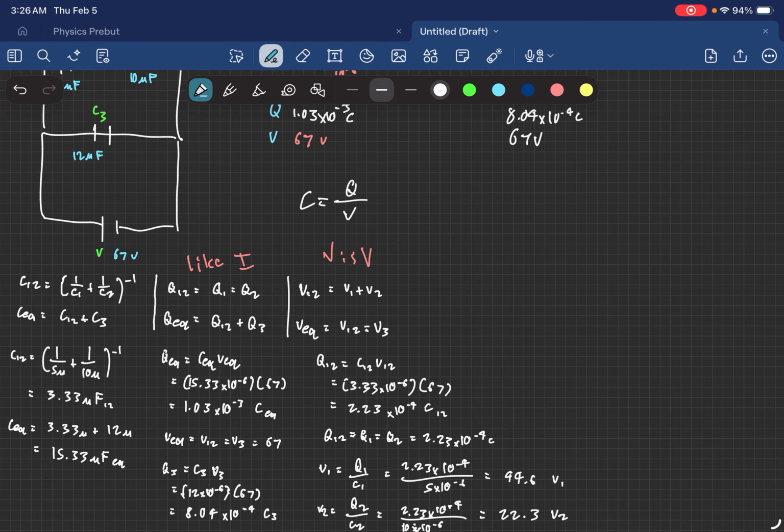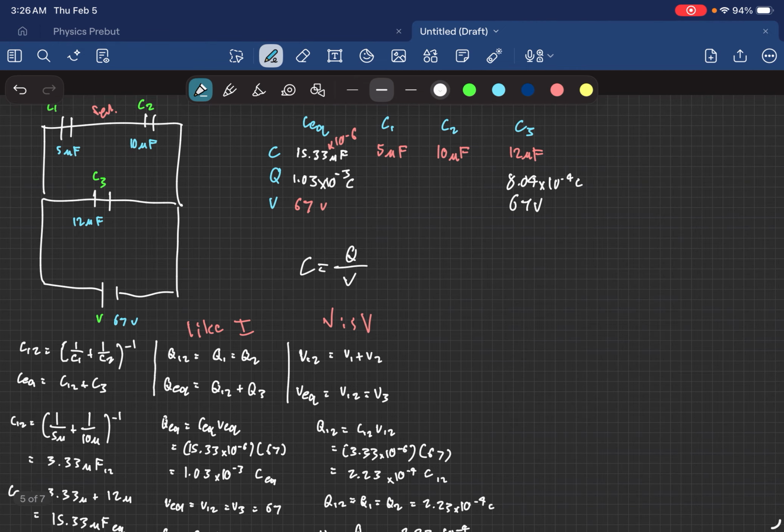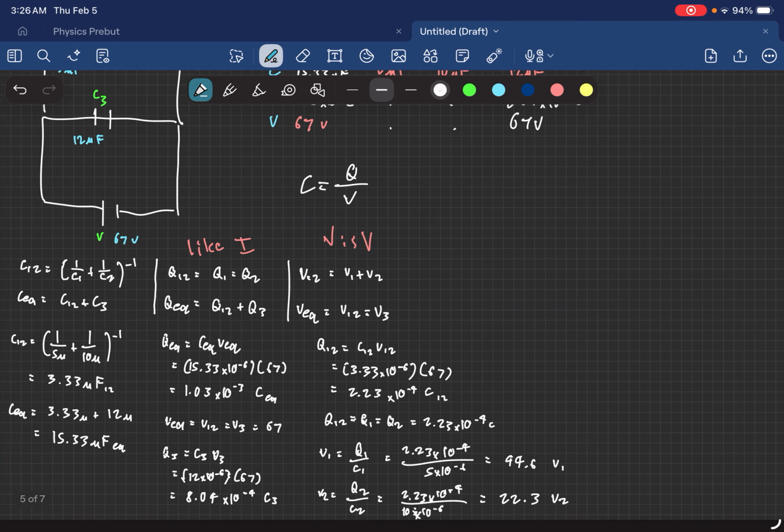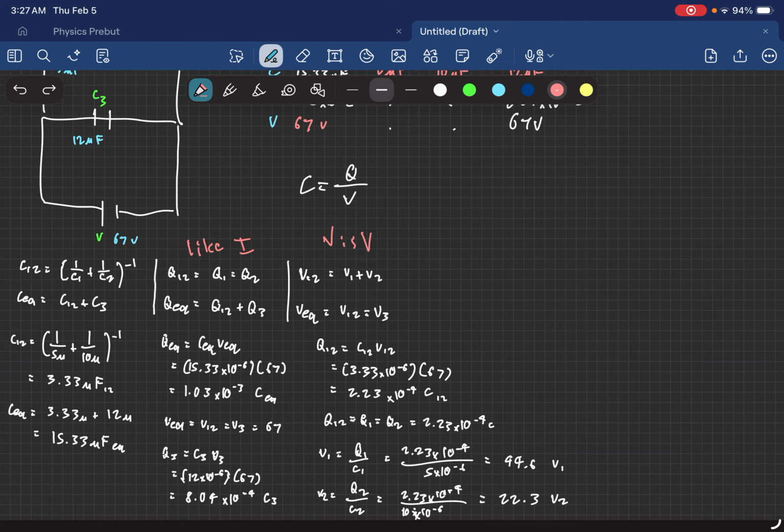So we analyze again. We want to get our Q1, Q2, V1, V2. How can we get that? We can get our Q1, Q2 if we have Q12. How do we get Q12? It's simple. There are actually two ways you can do this.